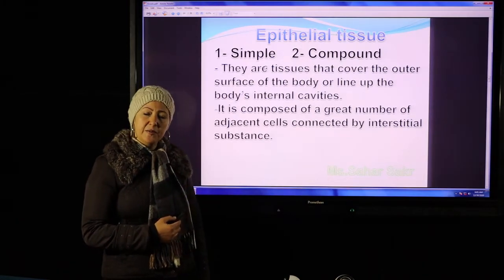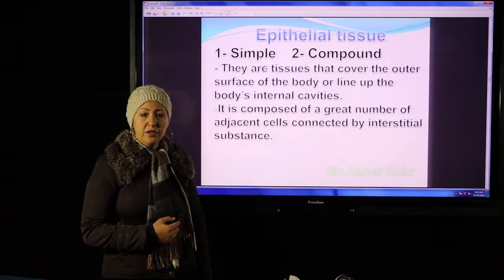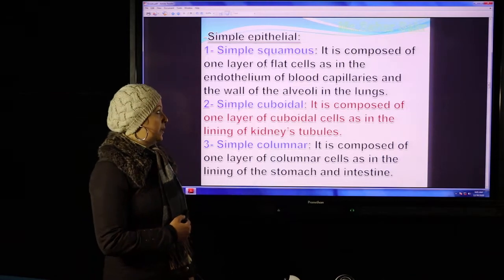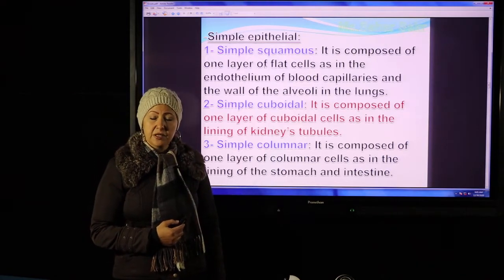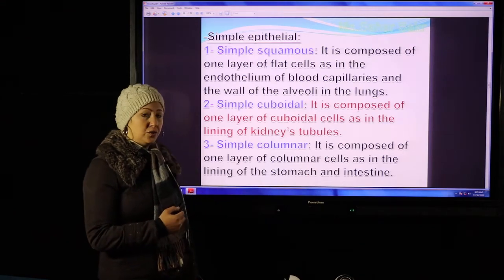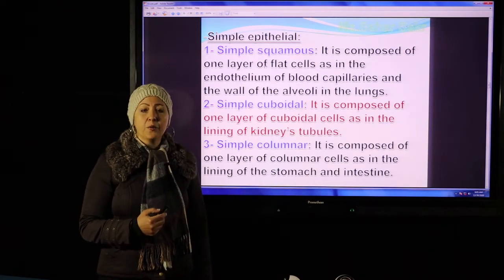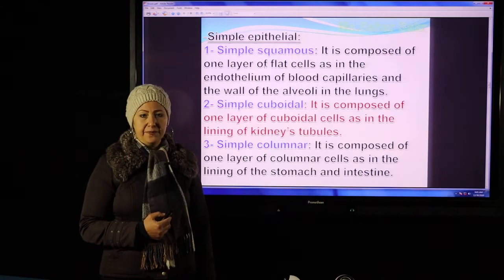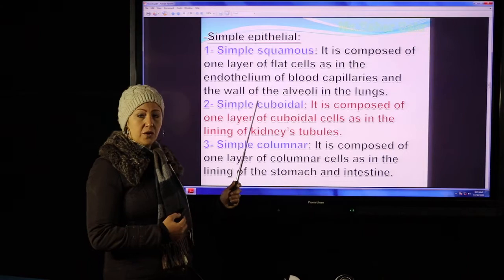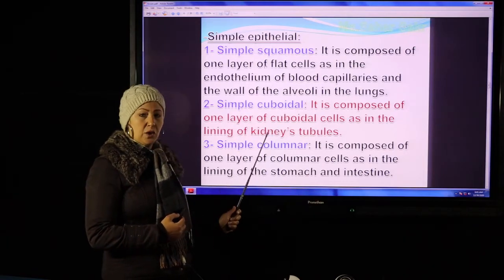Let's talk about the types of simple epithelial tissues and the types of compound or complex epithelial tissues. This slide is talking about the simple epithelial tissue. In the simple epithelial tissue, we have 3 types here, according to the shape of the cells. We have what's called simple squamous, simple cuboidal, and simple columnar.